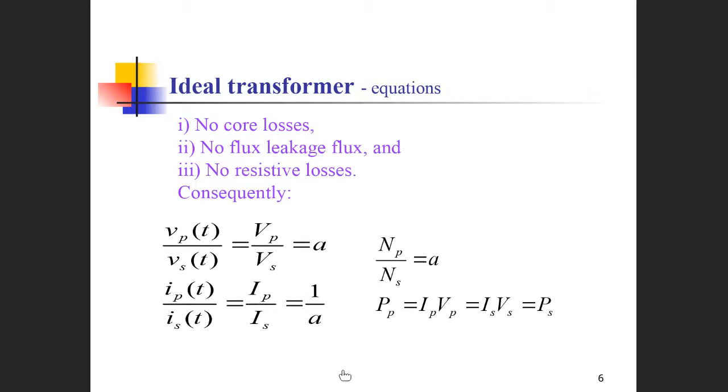Here are some expressions that describe the relationship between the voltages and currents of the two sides. Suppose there is a so-called transformation ratio for an ideal transformer.